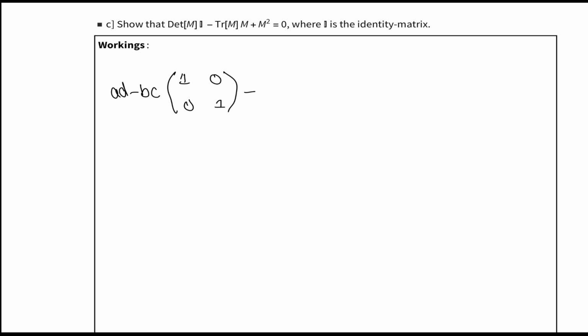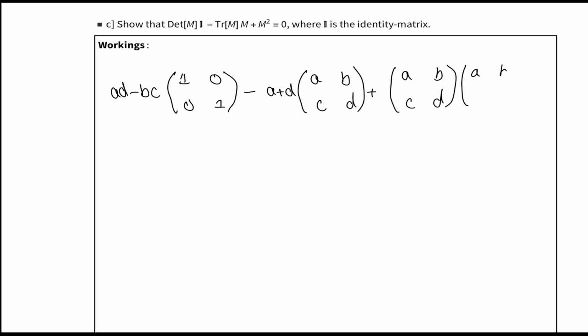The trace is just the leading diagonal added together, so A plus D, and then the matrix M, which was A, B, C, D, and then plus A, B, C, D multiplied by itself.